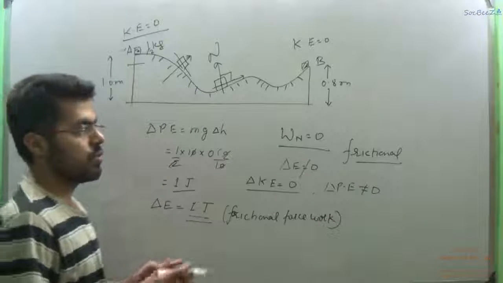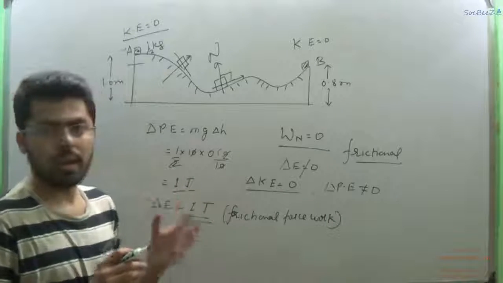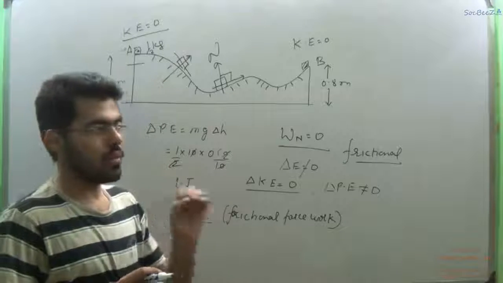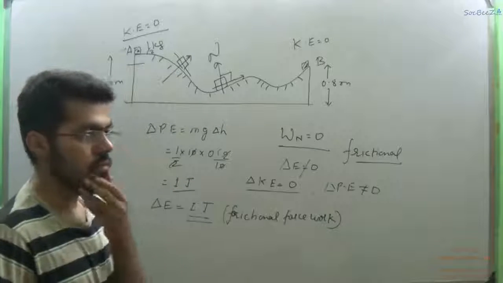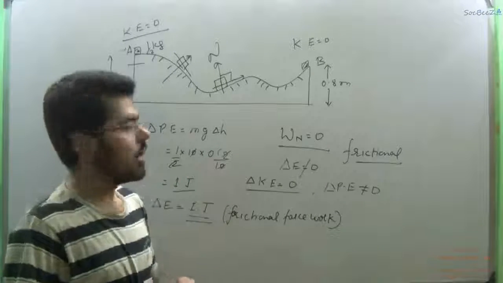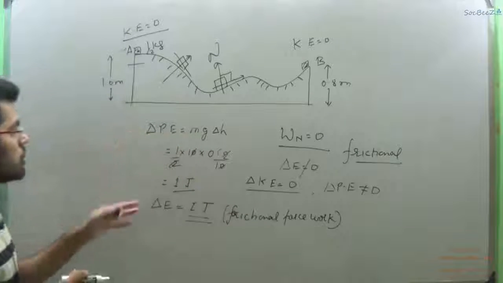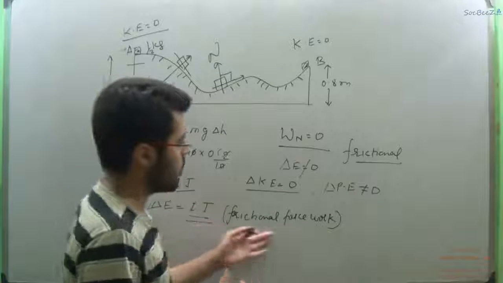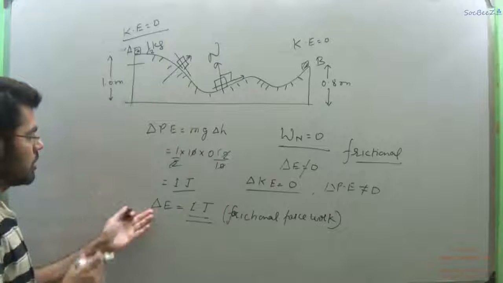So sometimes when you find a very tedious path and you are asked to calculate the work done by friction force, just keep in mind that you are not supposed to calculate that tedious path. Rather, you have to apply the work energy theorem in some way or other, and from there you have to effectively calculate the work done by frictional force. So we took the easier way. We calculated the change in potential energy, and that is nothing but the change in total energy, and it is coming from the frictional force work. So whatever work is done by friction force, that is 1 joule, and that is equal to the change in total energy.